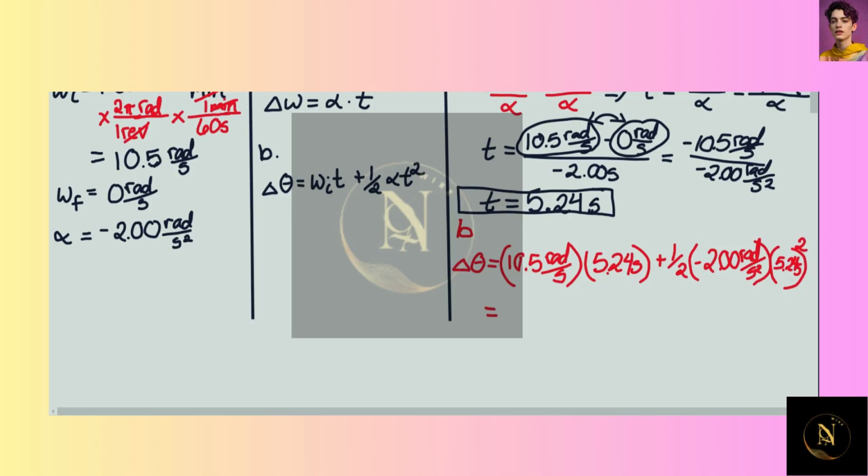So what you end up getting when you multiply and add everything together, your final answer is 27.4 radians equals my change in theta.